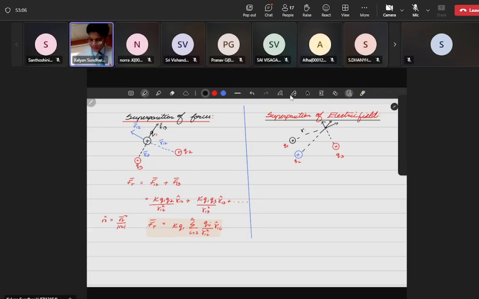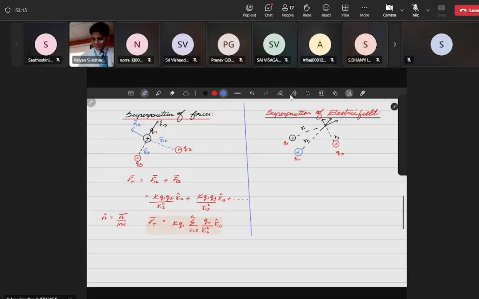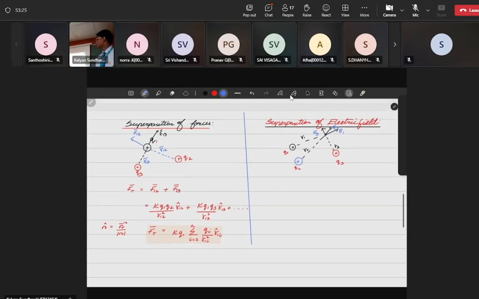Let me take the distances as R1, R2, and R3. So this is the electric field due to 2, electric field due to 3, electric field due to 1, and this will be the electric field due to 3. So these are the values. Very clear.